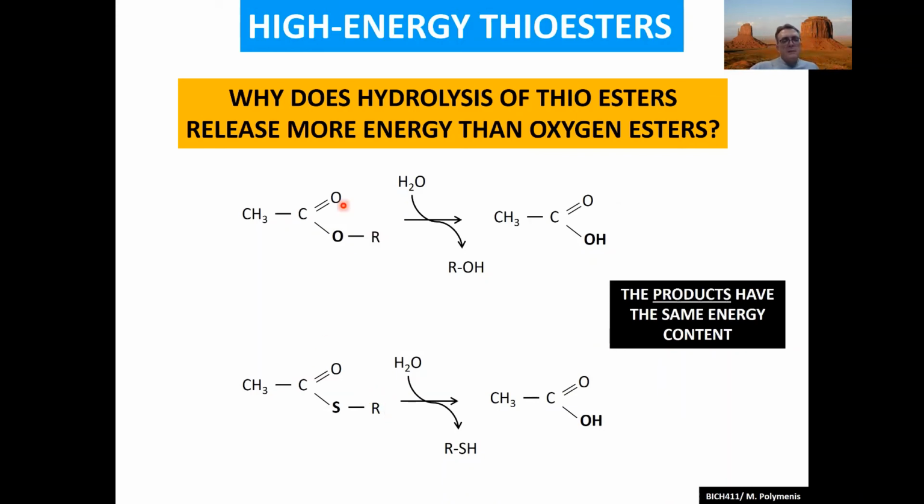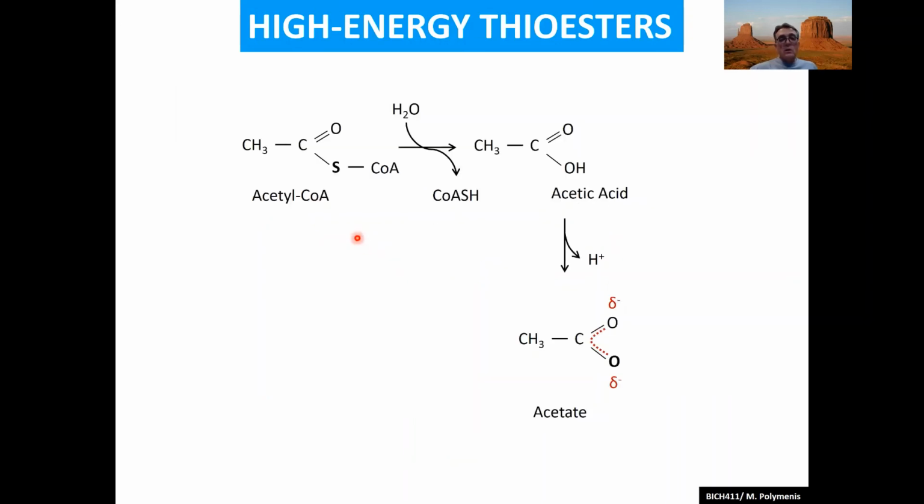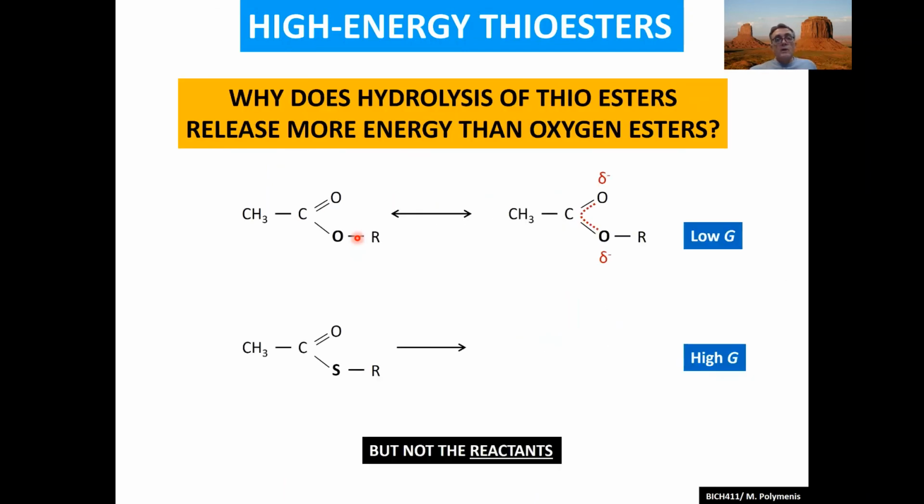Why have this sulfhydryl here? We can have any other regular, vanilla oxygen ester, and the product we get is exactly the same. It's acetate, right? But hydrolysis of an oxygen ester does not release so much energy as hydrolysis of a thioester. So why is that? Because even in the unhydrolyzed state, the charge here can still be delocalized. So the acetate itself doesn't gain too much when it's by itself, as opposed to the oxygen ester.